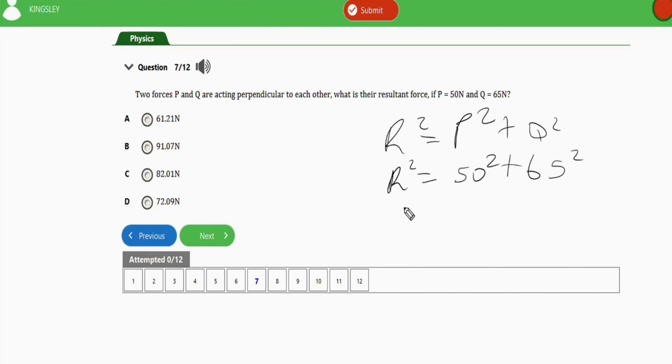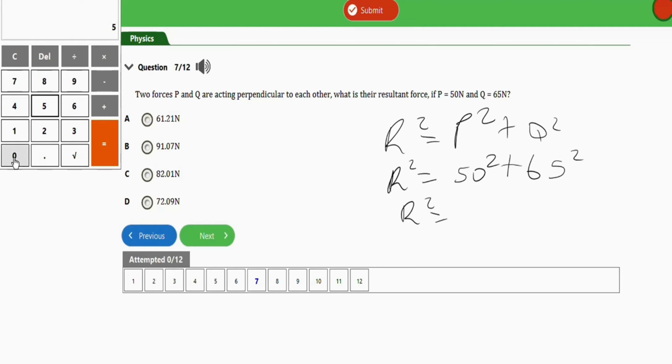Alright, so let's simplify 50 square on the JAMB calculator. 50 square is the same thing as 50 times 50, which gives us 2500. Then let's simplify 65 square, that's 65 times 65.